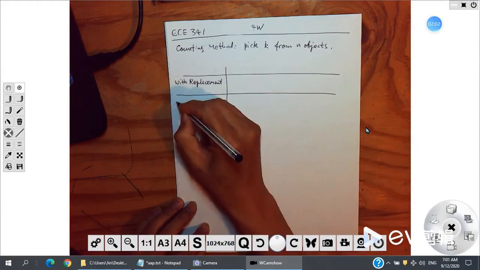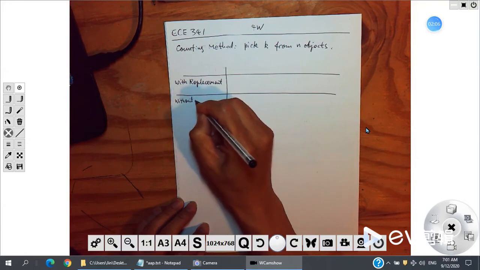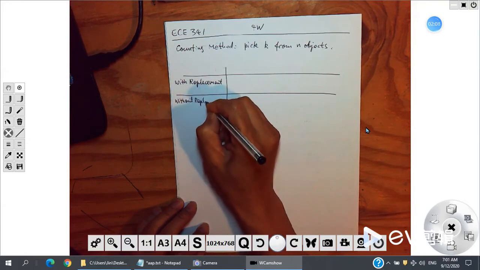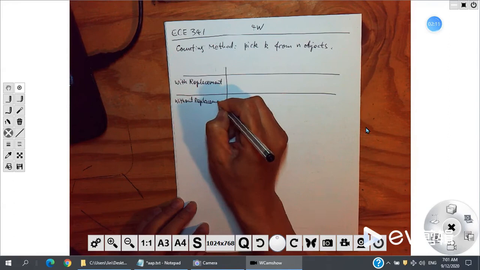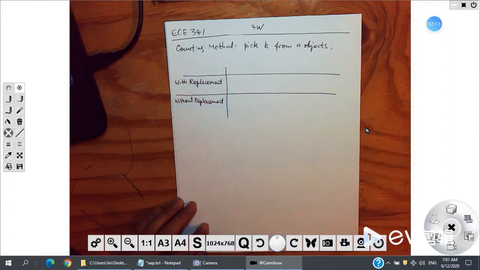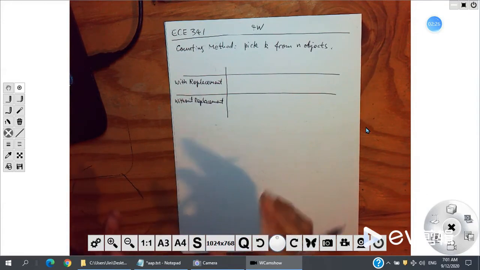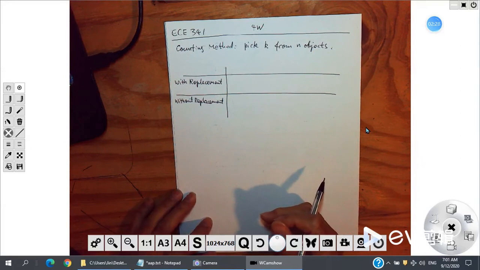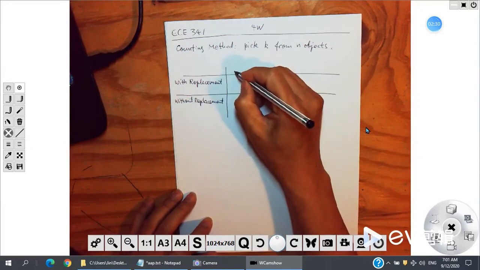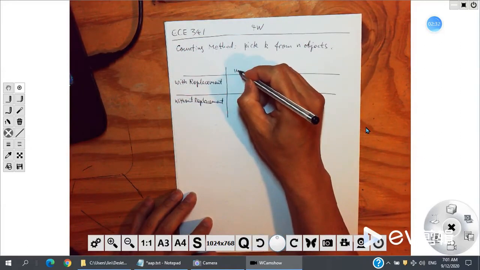You can also do it without replacement. When you pick some out, you will not put them back. So next time when you try to pick another object, the one you already used, you cannot use it again. And you can also consider the order.